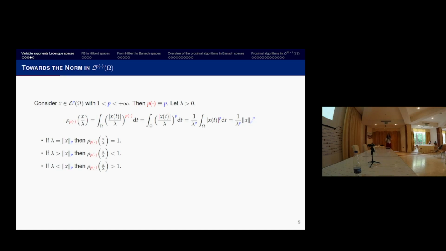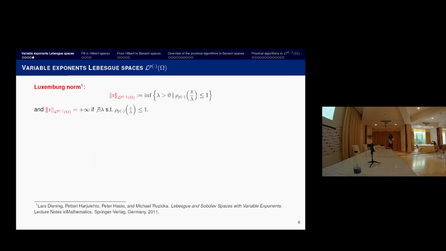And so we can observe the following. If lambda is equal to the norm, this quantity is equal to 1, and if lambda is larger than the norm, this quantity is less than 1. And the important thing to note is that lambda equal to the norm is the smallest scalar satisfying this inequality.